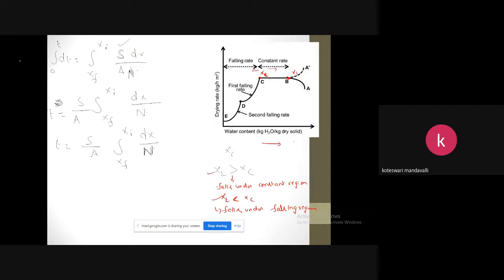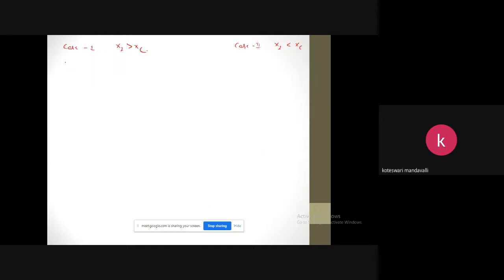Okay, so already we have a formula. What is the formula? See, you have this formula. So t is equal to S by A integral xi to xf dx by n. Same formula.